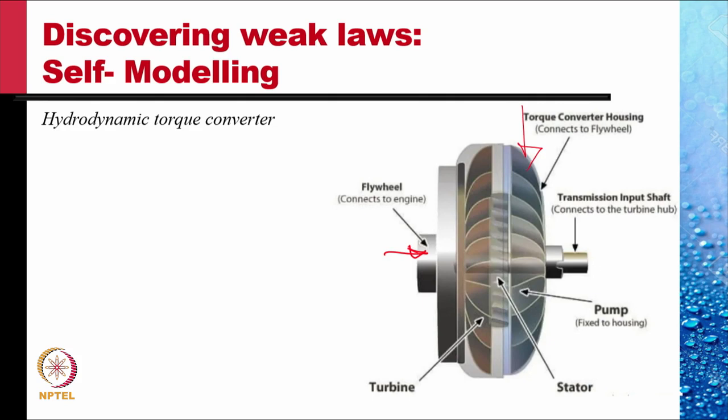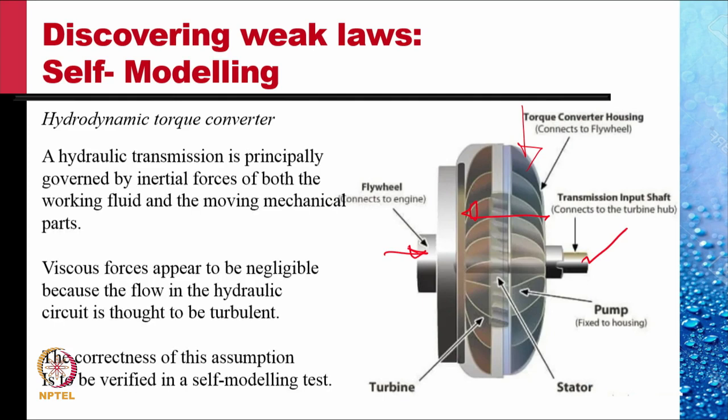There is a hydraulic fluid inside, and as the casing rotates with the vanes, it acts like a pump and pumps the fluid to the left into the turbine section, which makes the turbine part rotate, and the power output is available on this shaft.